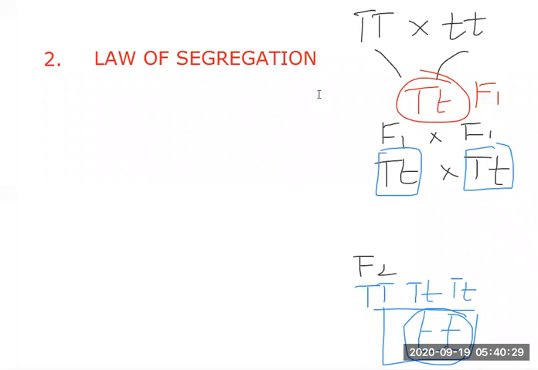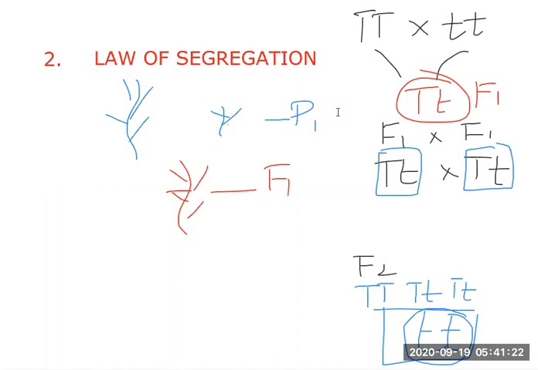Let us see the same cross in the garden. In the parental generation, a tall plant is crossed with a dwarf plant. In the F1 generation, all the plants that appeared are tall plants.